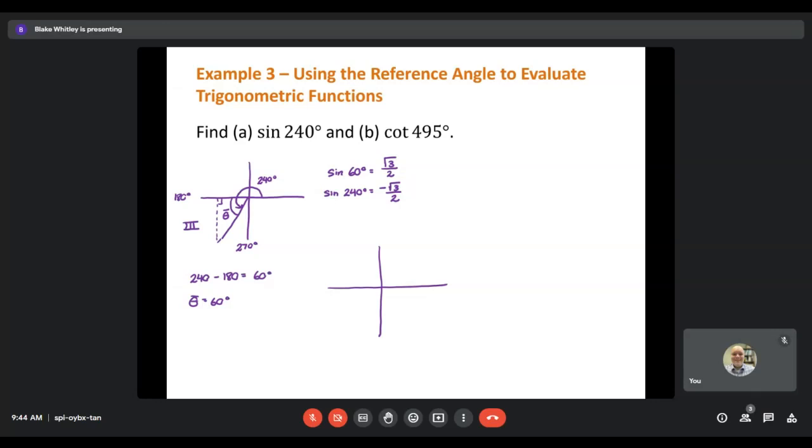So I'm going to subtract off that full revolution: 495 minus 360 should give us 135 degrees. So I'm going all the way around 360 plus another 135, which is between 90 and 180 degrees. It's right here, exactly halfway between them.